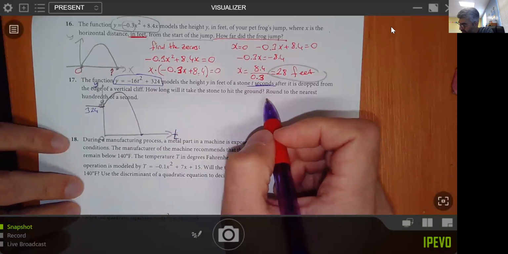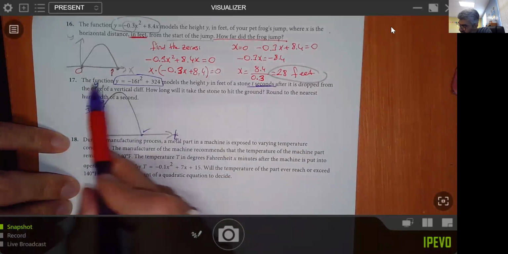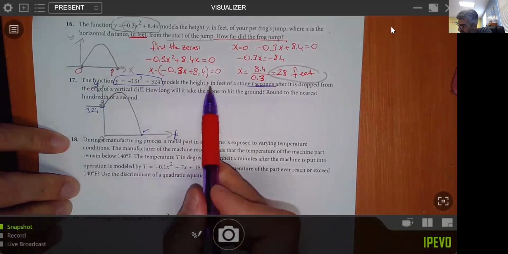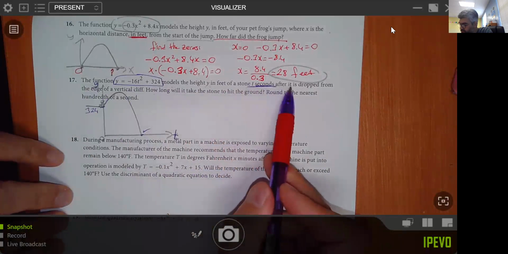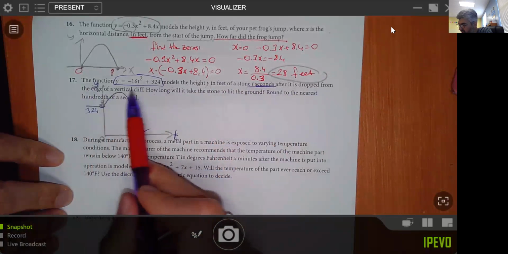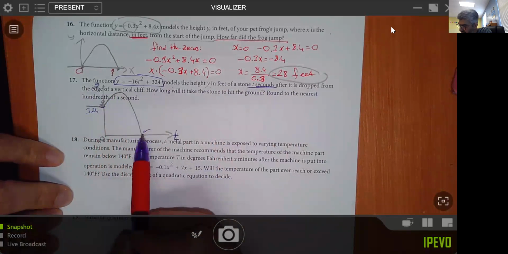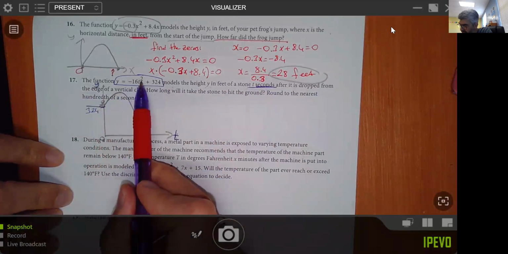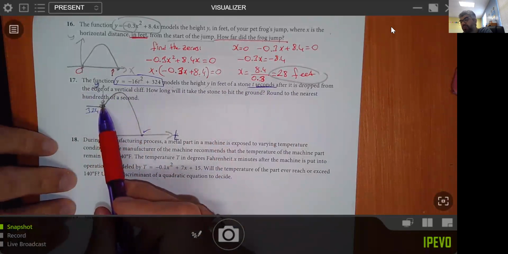So if I find this value, I will answer the question. Again, the function models the height y in feet of a stone t seconds after it is dropped from the edge of a vertical cliff. From here it is dropped, and it comes down here. It's quadratic, okay? If t is equal to 0, it's 324, minus b over 2a. Okay.